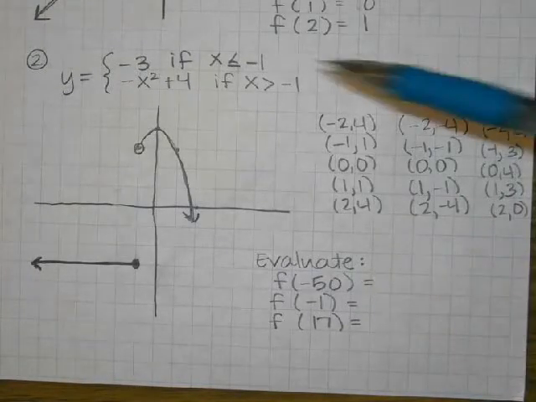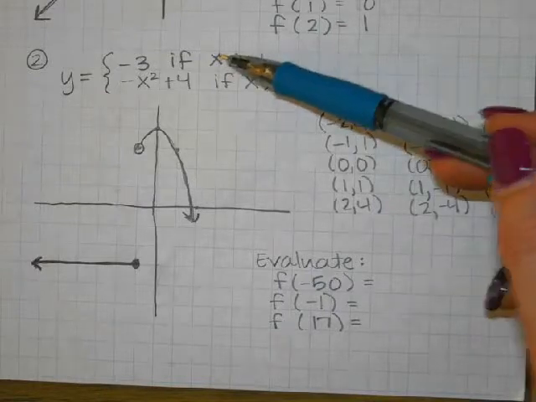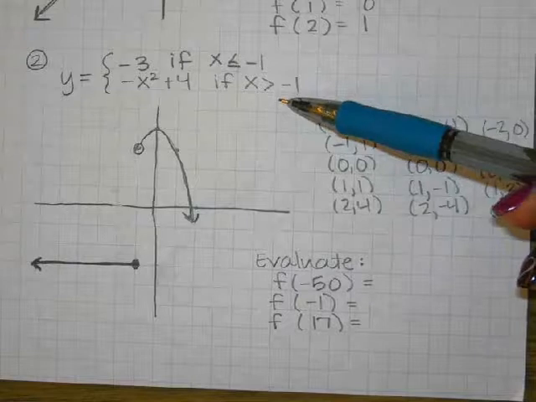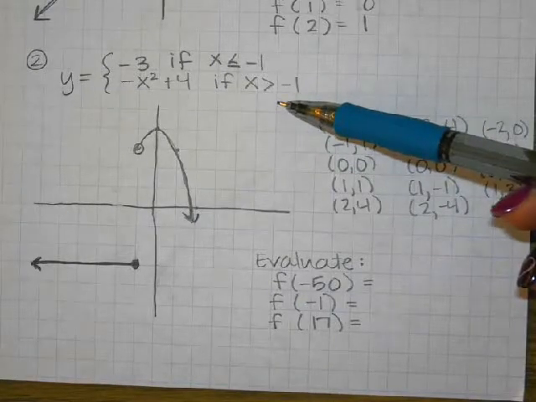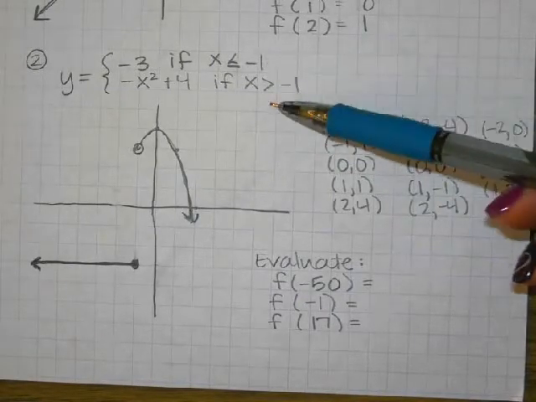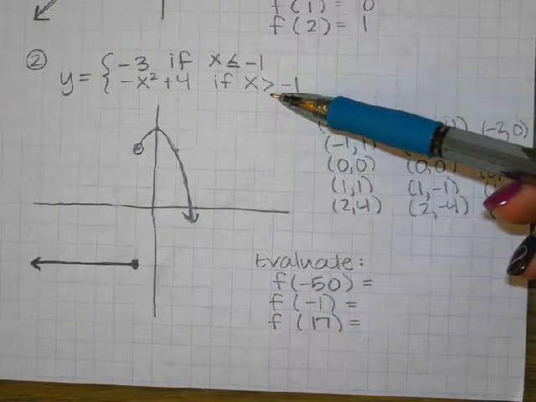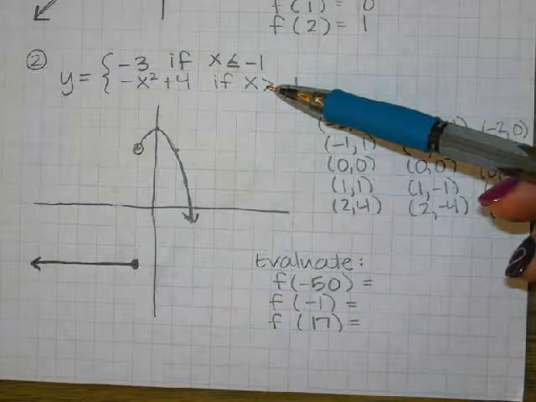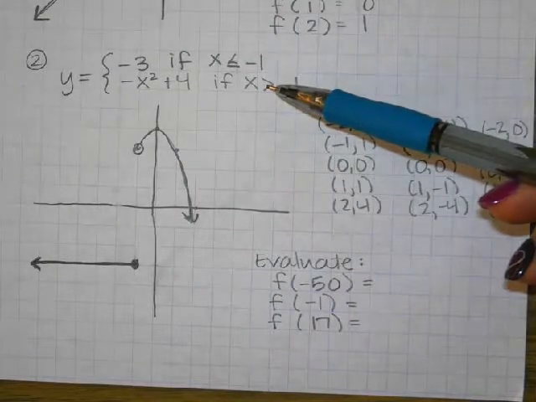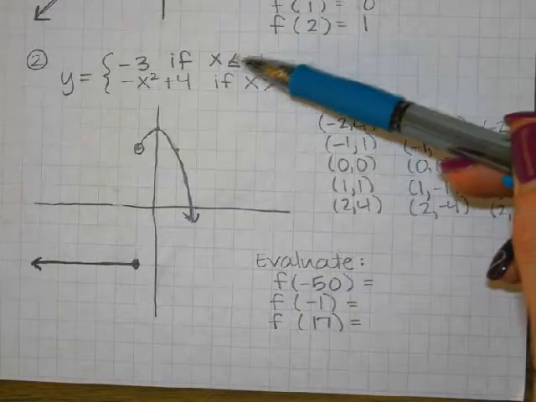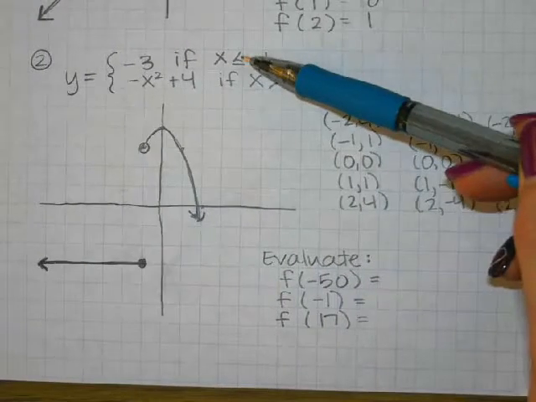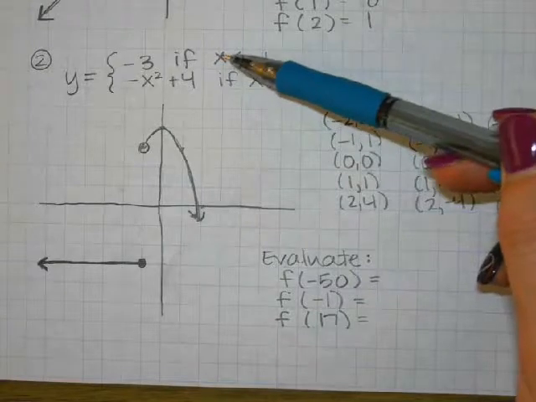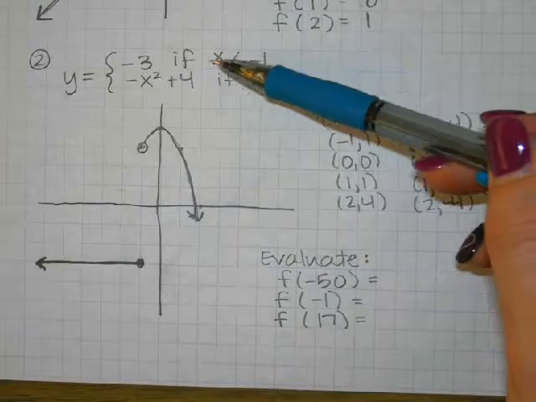Does that fit an x that's less than or equal to -1, or does that fit an x that's greater than -1? Which one would -50 go into? The bottom one. -50 is way more negative than -1, so it would be to the left of -1. So we have to plug it in here.